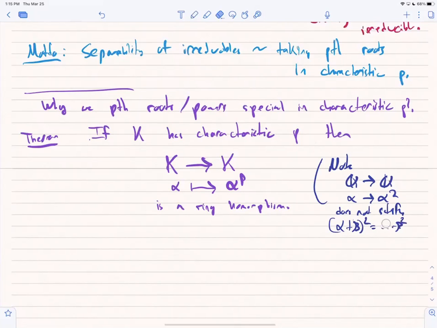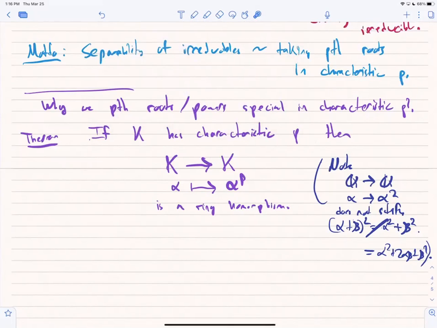That's what your calculus students wish was true, but it's not. It's equal to alpha squared plus 2 alpha beta plus beta squared, and the point is that in characteristic 2, this factor of 2 kills the middle term.